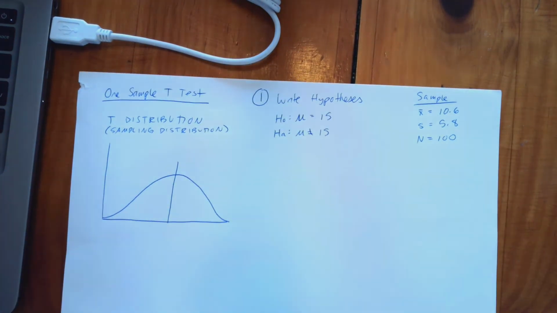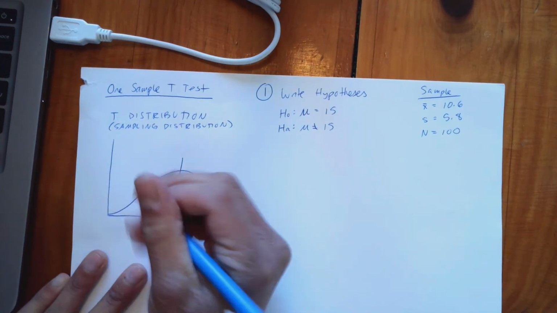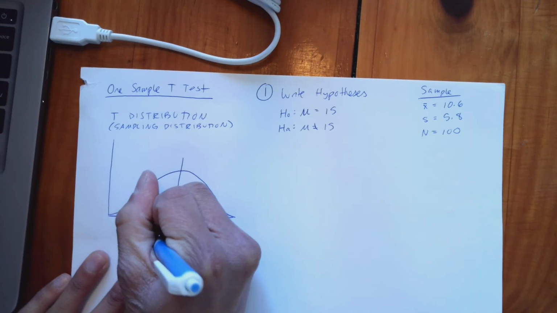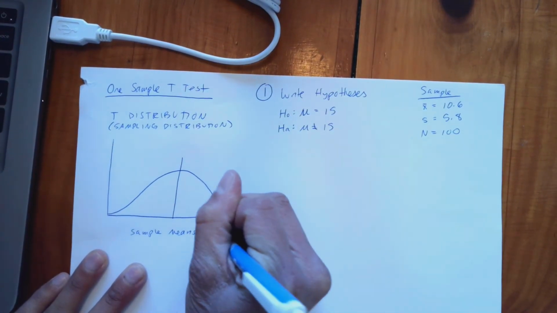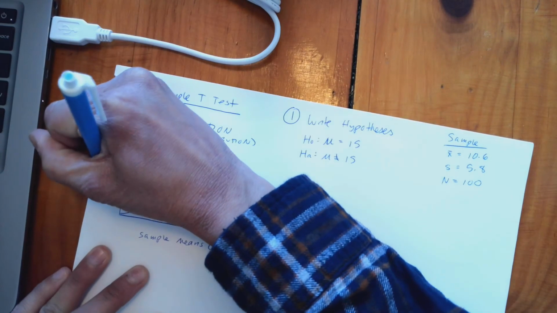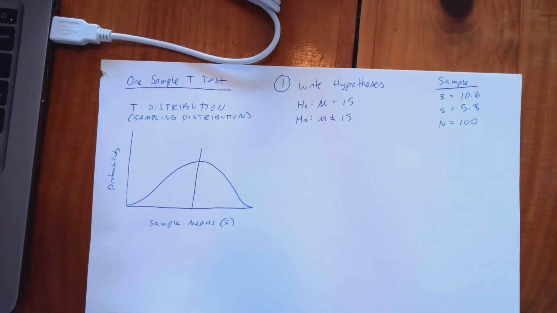And that means it gives us information about the probability of getting different sample values. Specifically, we're looking at sample means here, and the probability of getting each one. So this should look, at this point, pretty much exactly like a normal distribution.